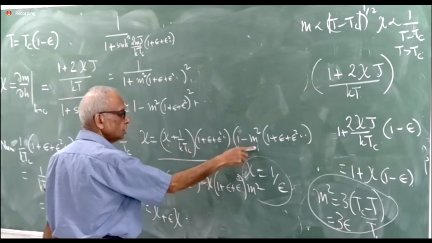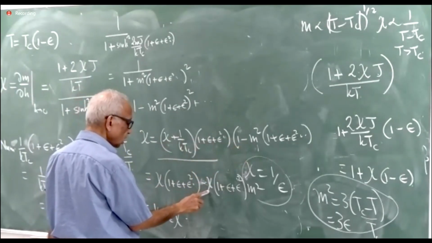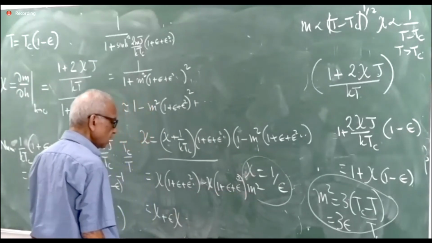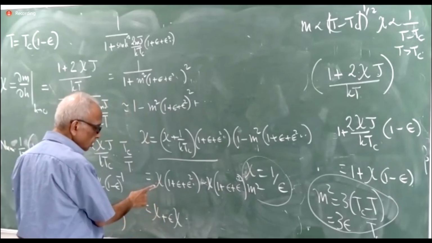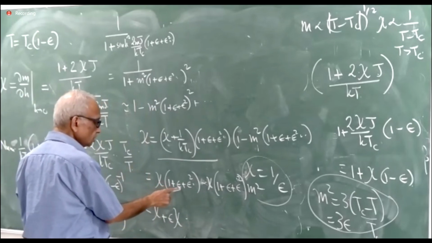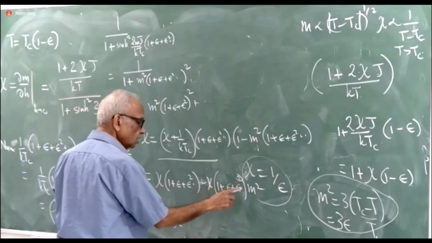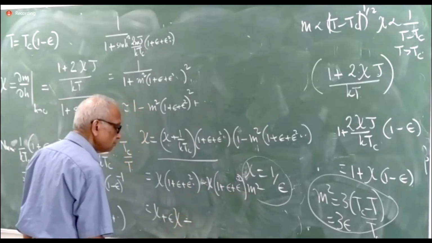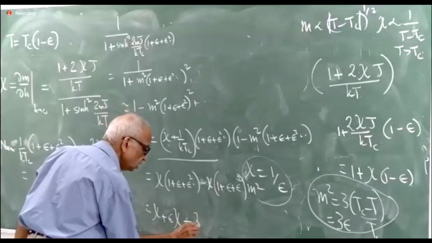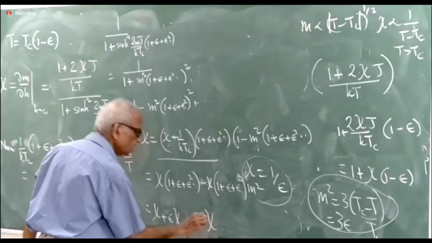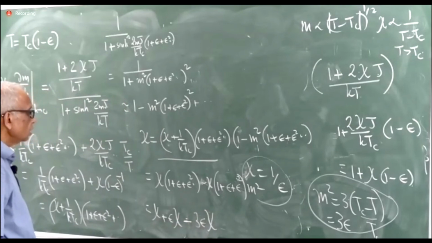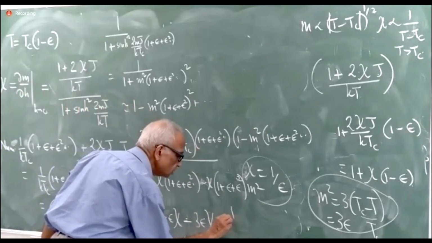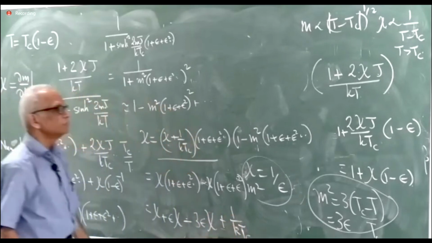M square is proportional to this, so it is minus chi into the 1 plus epsilon plus epsilon square, which means that chi is equal to, so this is the epsilon chi over here, and over here it is 3 epsilon, which gives me the 3 epsilon chi over here, and there should be an order unity term, which is the term over here, which is 1 plus KTC.